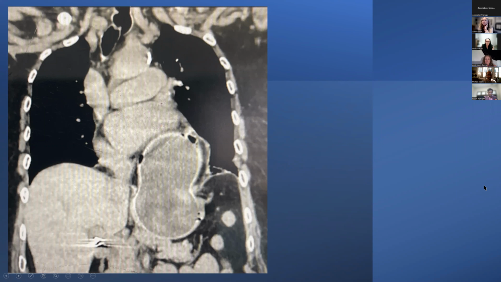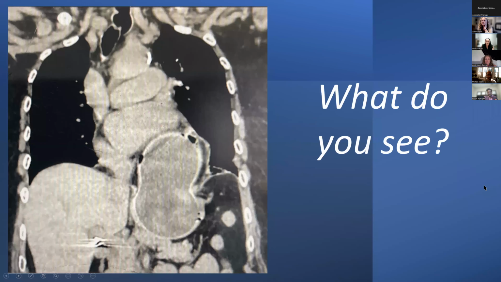So for the fellows online, what exactly do you see? We'd like you guys to volunteer. You can use your reaction button and raise your hand if somebody wants to chime in, and we'd love to hear your ideas on what you see on the scan and potential management. Nice job so far, Cecily. Thank you, Dr. Benzie.